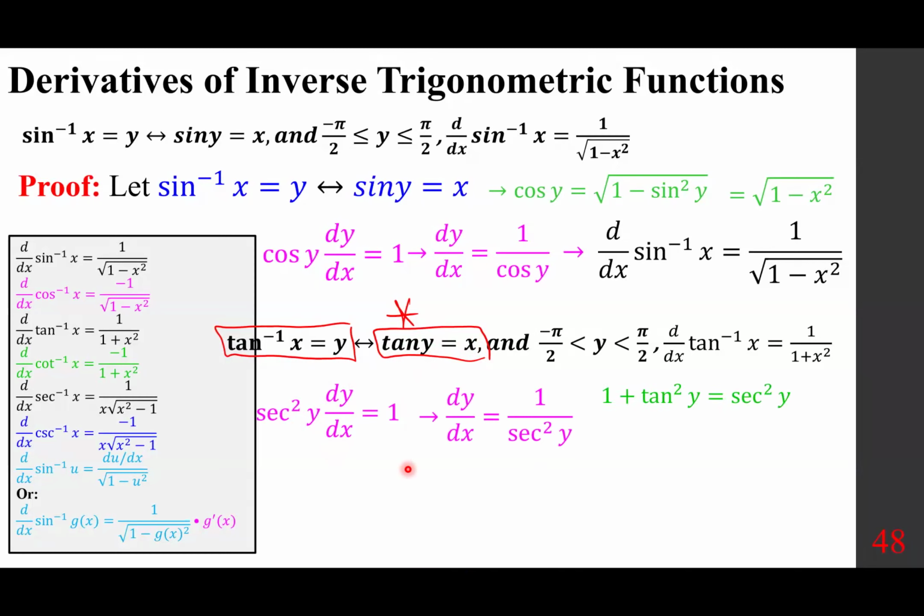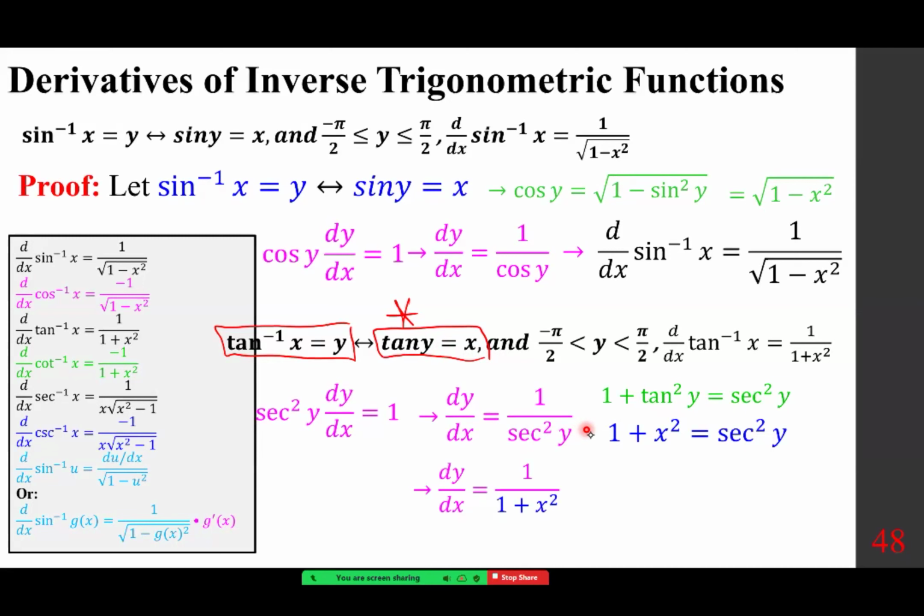So 1 plus tan squared x or y or z, anything. 1 plus tan squared y is secant squared y. So tan y is x. Therefore, 1 plus x squared is secant squared. If secant squared is 1 plus x squared, let's replace it here. Therefore, d dx of tan inverse of x is 1 over 1 plus x squared.